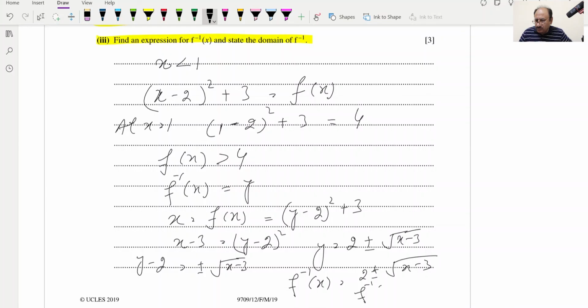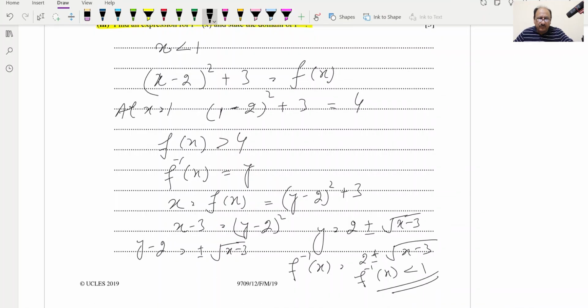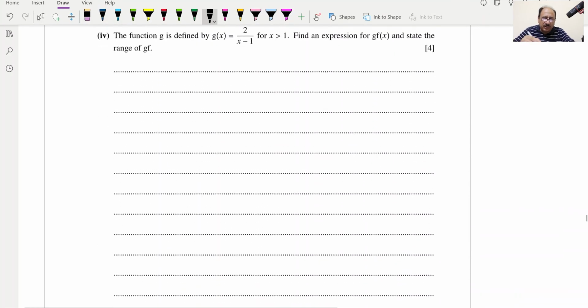So f inverse of x is less than 1. This is done. Now we can move to the next part, which is part 4.